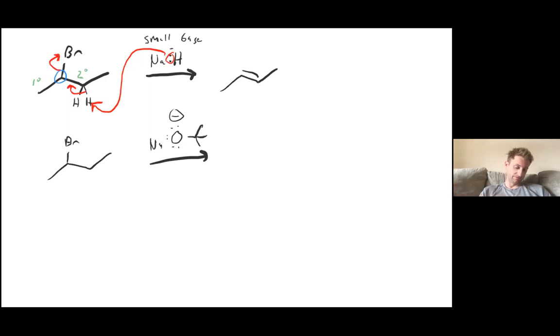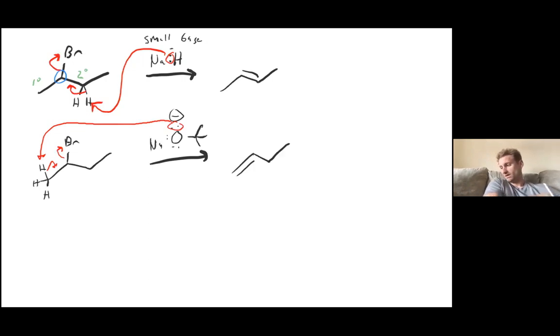It's going to have to pull from the least substituted position, kicking out this bromine here, giving us a different alkene. And this concept of large and small base is something you're going to see a lot throughout this semester. So it's a good thing to have in the back of your mind. This will be a large base. But for right now, we're just going to be doing reactions with alkenes.